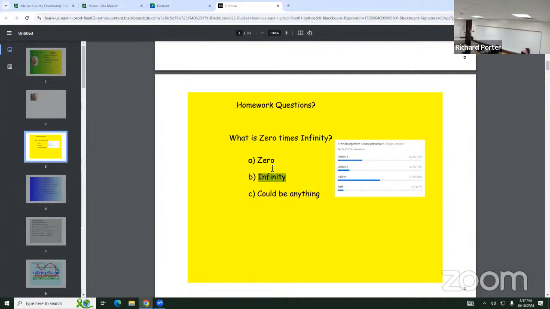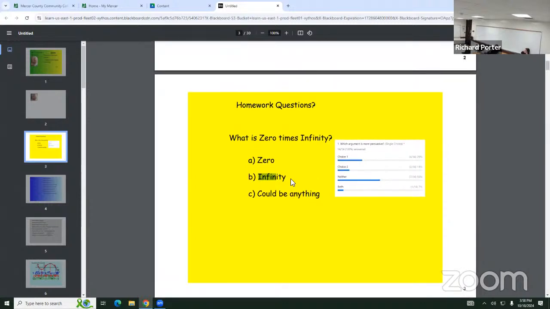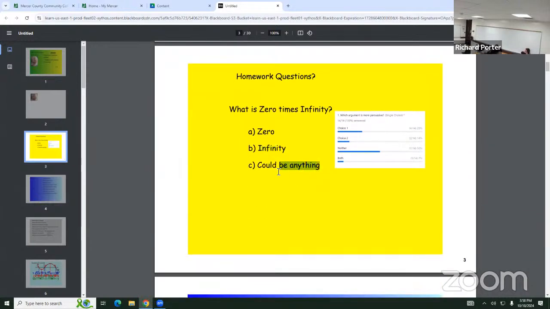And again, if you have two destinations and one of them is halving and the other one is doubling, that is not changing anything at all. In other words, if your boss keeps doubling your salary, the government keeps taking half of it, then you end up making the same amount of money. Or if inflation eats it or whatever. All right, so the answer is actually C. Jake was right. Could be anything.